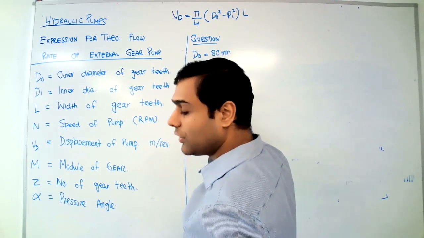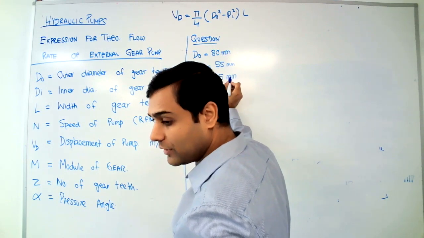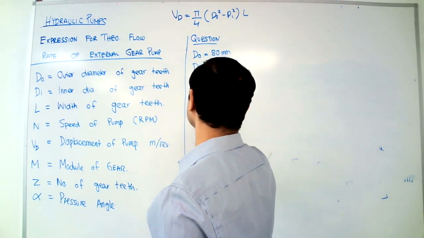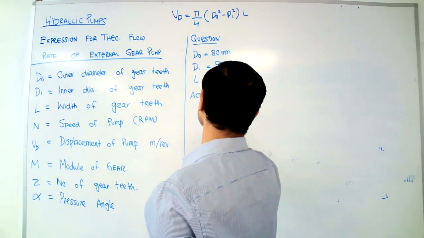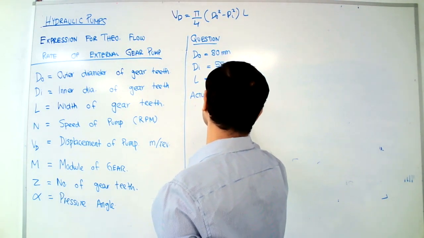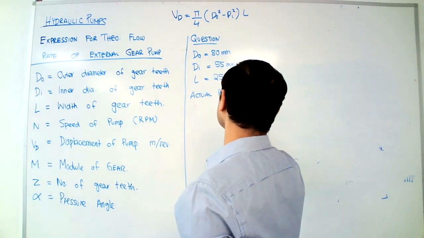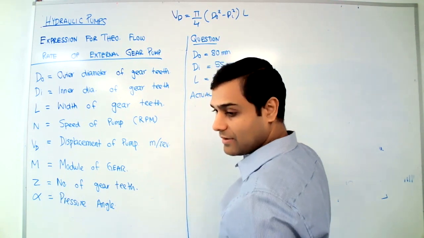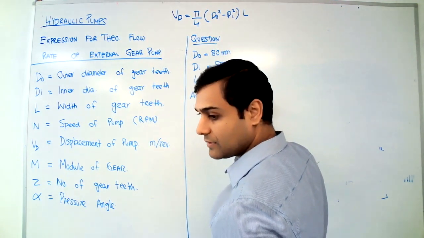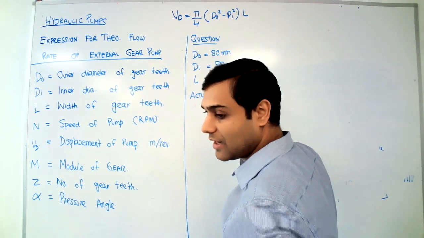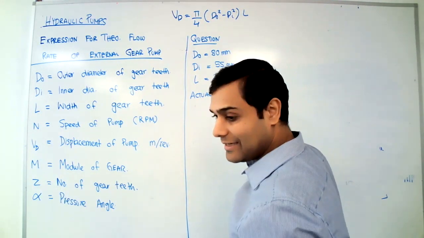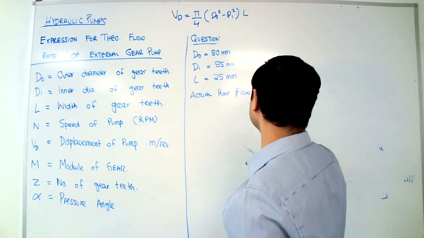The pump speed is given as 1600 RPM. So that is the value of the N.